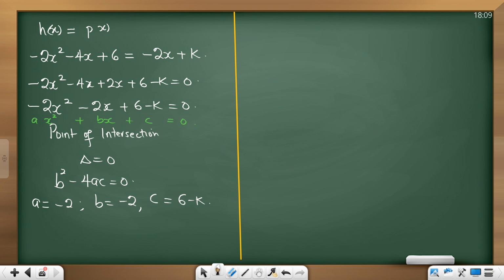Okay, can we substitute? What is our b? Negative 2 squared minus 4 times a, times 6 minus k. What is this? 4. Negative 4 times negative 2 is plus 8. Sorry, plus 8. Now let's open this one. What do you have? 4 plus 48, 52.